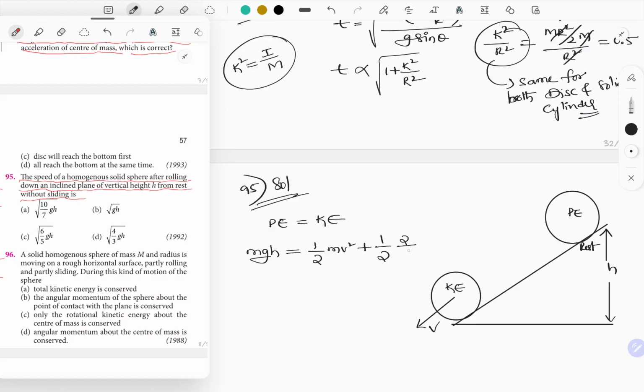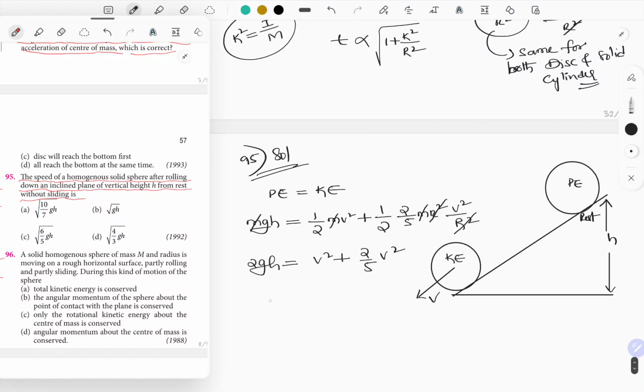Moment of inertia of the solid sphere is 2 by 5 mr square. Omega formula in terms of velocity is v square by r square. R square will get cancelled. M will get cancelled. Then 2gh is equal to v square plus 2 by 5 v square.